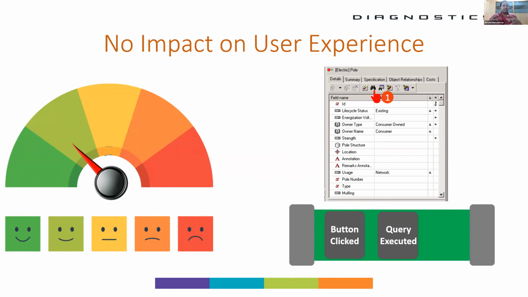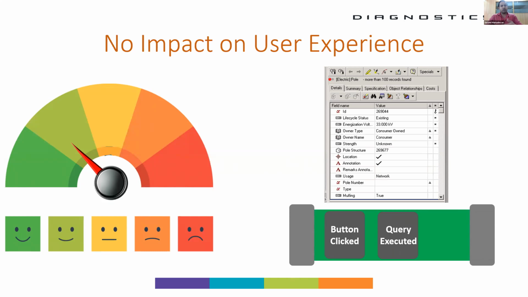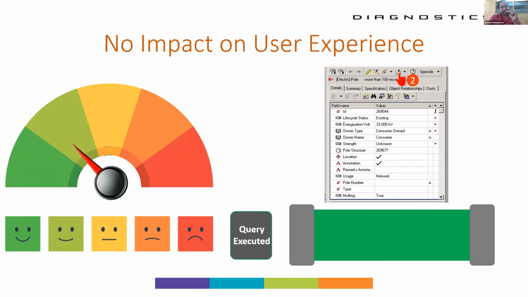Both these events are then placed in a queue inside Smallworld. Once this operation is completed, and just before the user is about to click again, Diagnostics senses this millisecond of idle time and immediately sends out the data that is stored in the queue. That is how Diagnostics is able to track everything that is happening inside Smallworld without having any impact on the user experience.